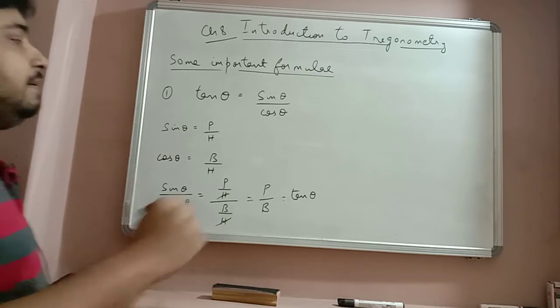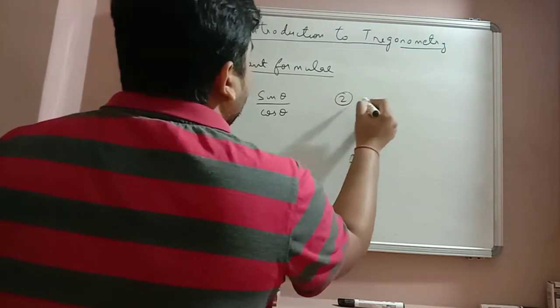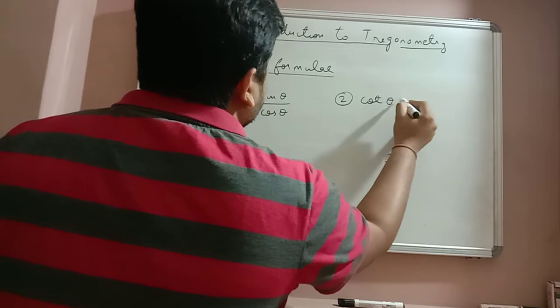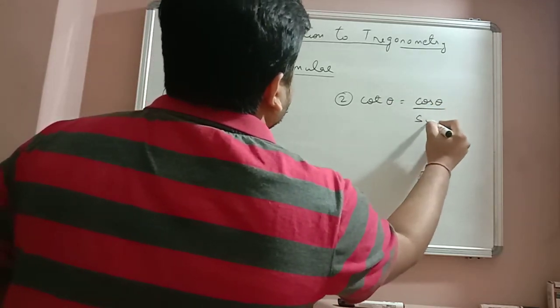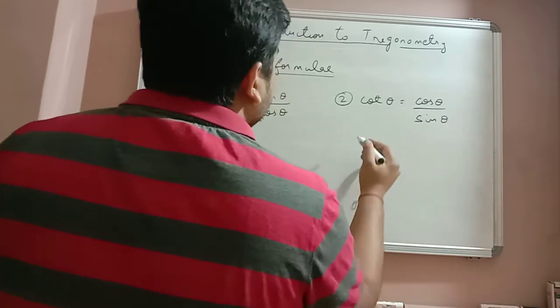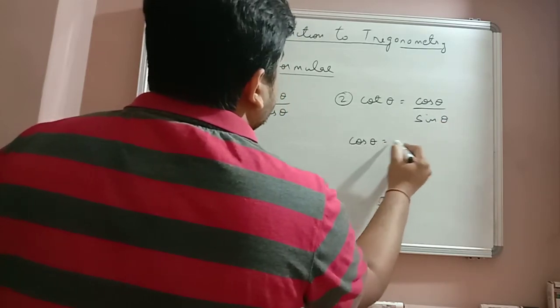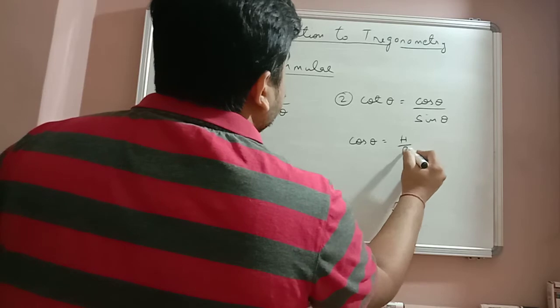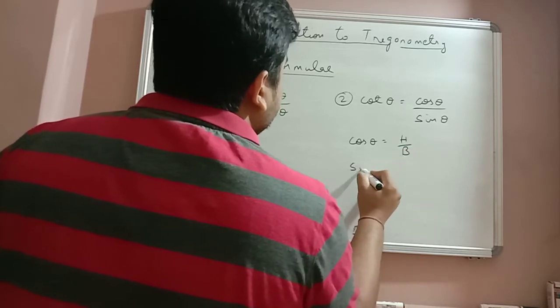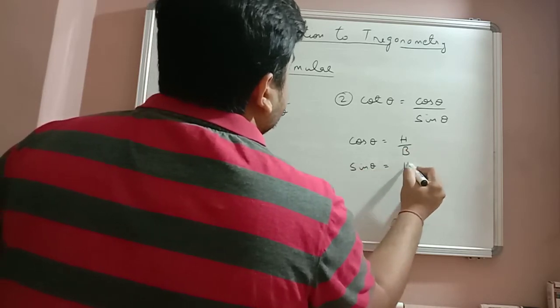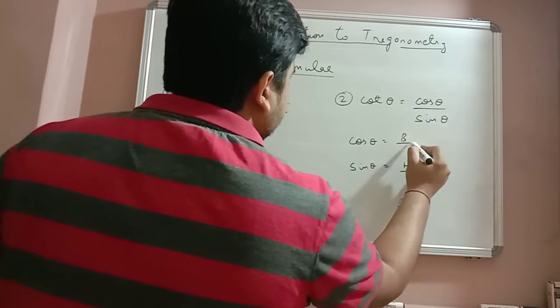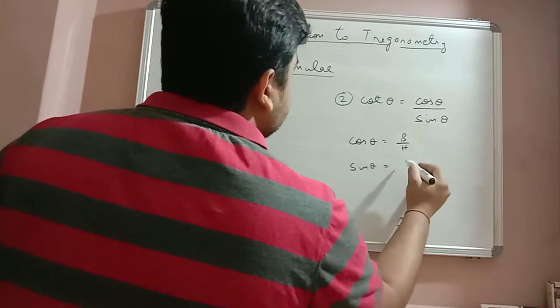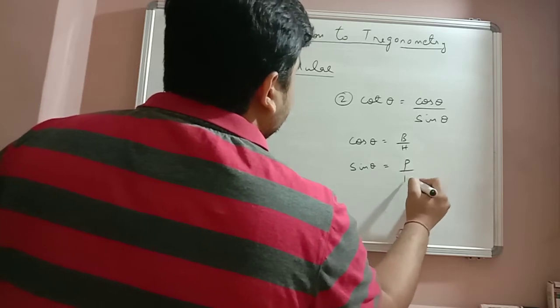Now similarly, we can easily prove that cot theta, that is reciprocal of tan, is equals to cos theta by sin theta. In similar manner, cos theta is B by H, base upon hypotenuse. Sin theta is perpendicular upon hypotenuse.